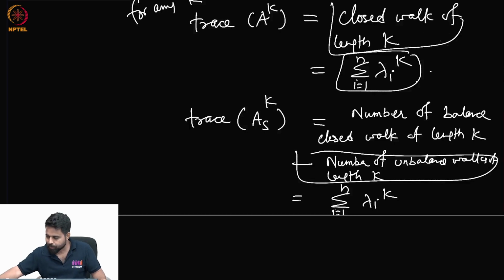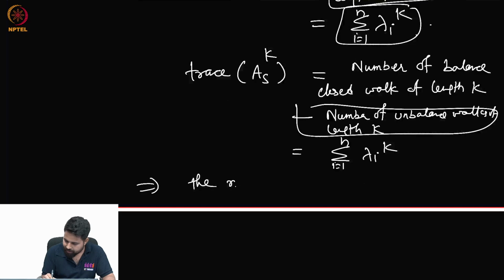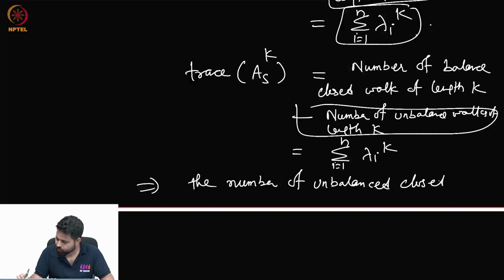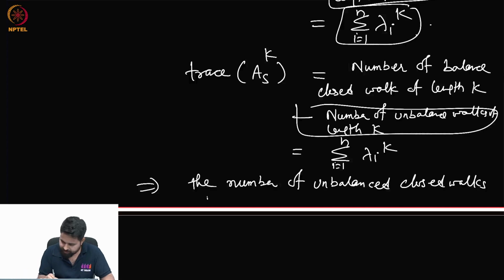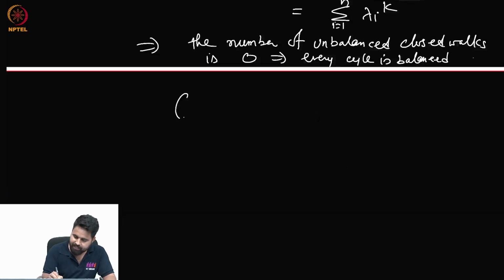So this implies that the number of unbalanced closed walks is 0. This implies every cycle is balanced. Hence G_s is balanced.